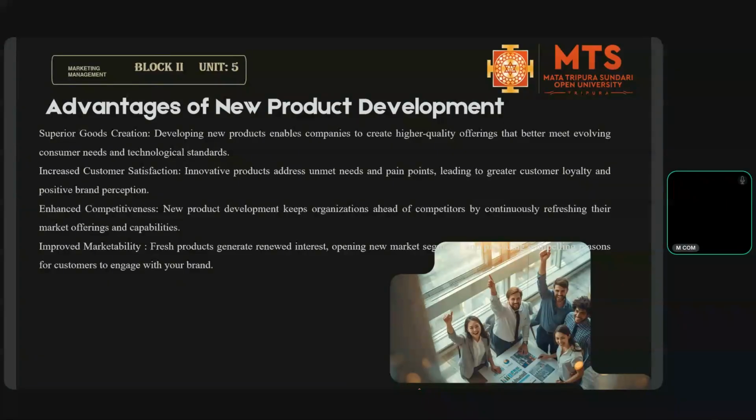Of course, if you develop a new product that enables a company to create a high offering, the customer will always come towards the company, increasing satisfaction. The evolving nature of human demands requires new innovative products, which meet the problems of different individuals and give an assurance that the new product will be marketable and usable in the market. Innovative products address unmet needs and pain points, leading to greater customer loyalty and positive brand perception.